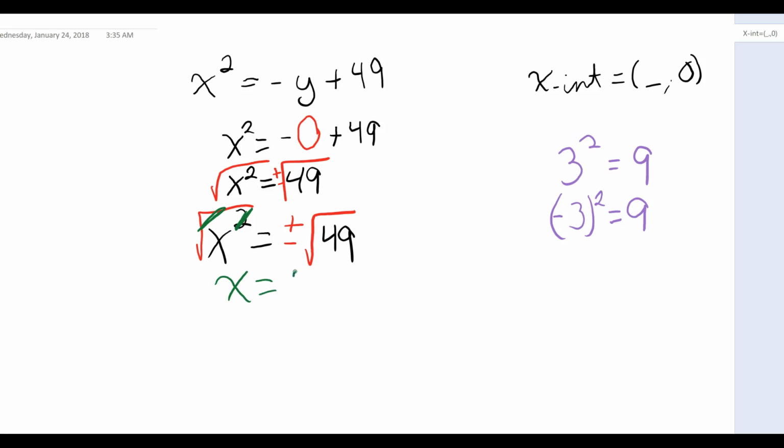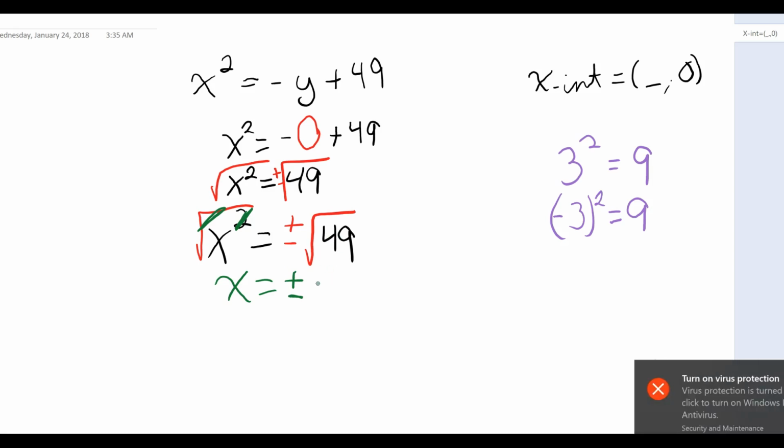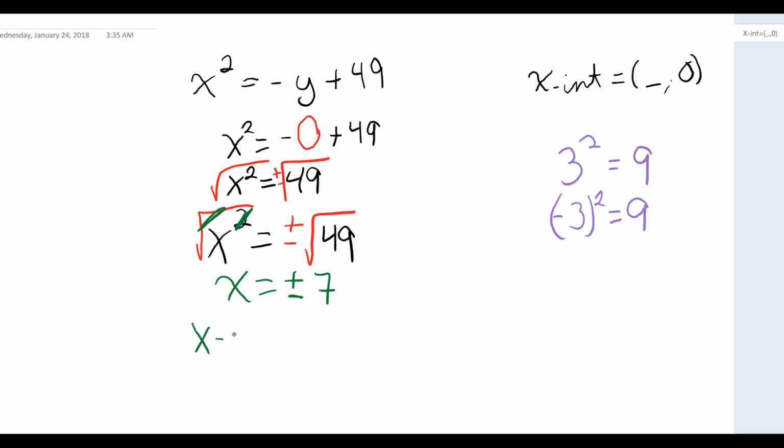On this side, I have the positive or negative value of the square root of 49. Square root of 49 is 7. So that means that my x-intercepts, I actually have 2 of them, are at a positive 7, 0, and at a negative 7, 0.